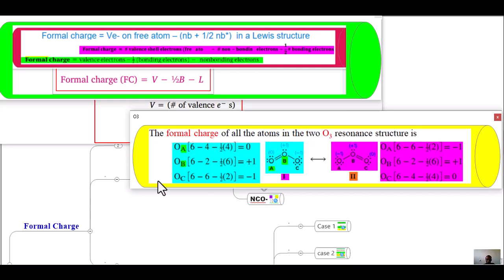And oxygen at C is equal to valence electrons 6 minus the number of non-bonding electrons at oxygen C, that is 6, minus half of the bonding electrons. We have one bond, that is 2 electrons. The answer is -1. In a similar way, you can calculate the formal charge for the oxygen in this other resonance. And this is our second example.